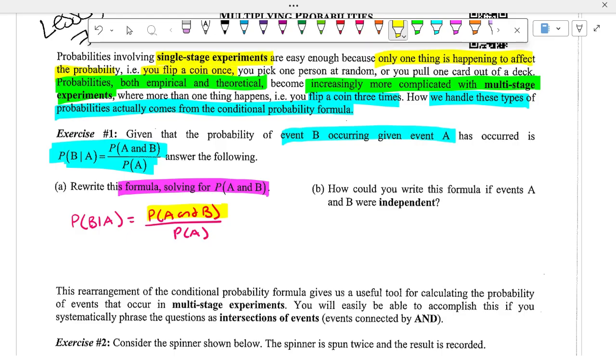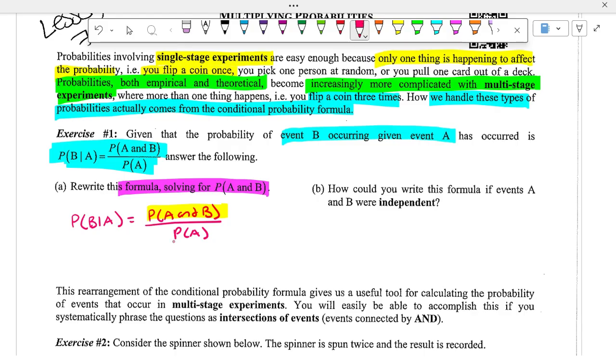So think about if P of A was like a 2. How would you get rid of that number? So guys, if I had 1 equals x over 2, how would I get rid of this number to solve for x? You would multiply both sides by 2. Right, we will multiply both sides by 2.